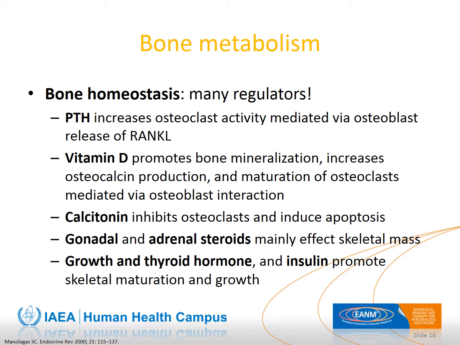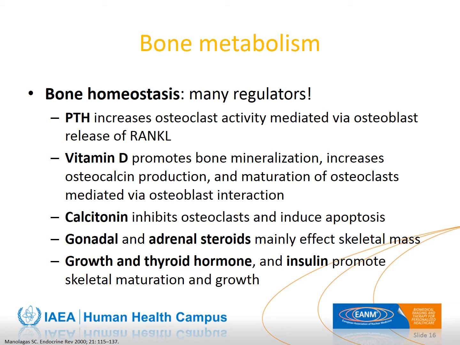Drilling down on the mechanisms shown in the previous slide, you can appreciate that bone homeostasis is regulated by a large number of local and systemic factors. For example, PTH increases osteoclast activity indirectly by stimulating osteoblasts to release RANKL, as shown later on.